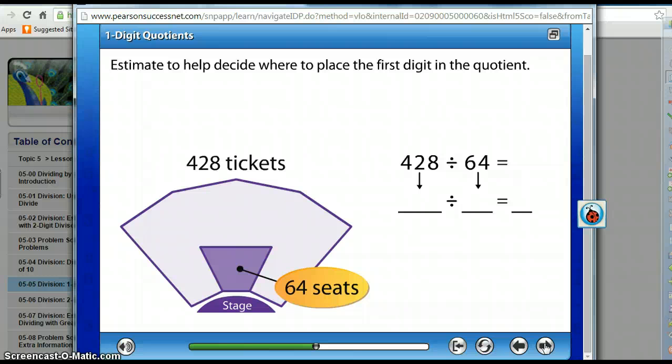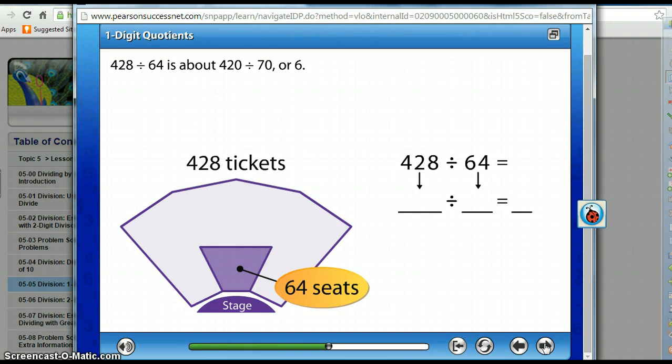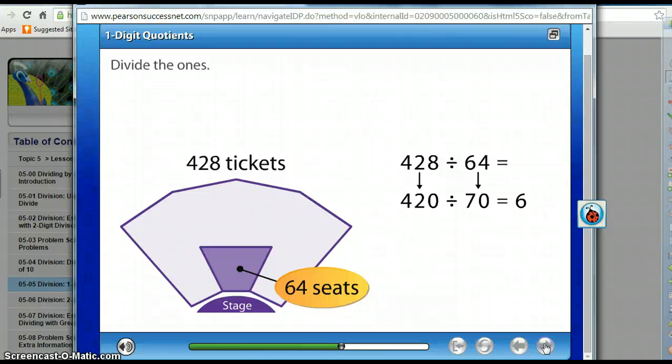Brody? 420. Okay. And our divisor 64 is close to? 60. Okay. 428 divided by 64 is about 420 divided by 70, or 6. So we're going to estimate that there's about 6 sections of 64 seats.